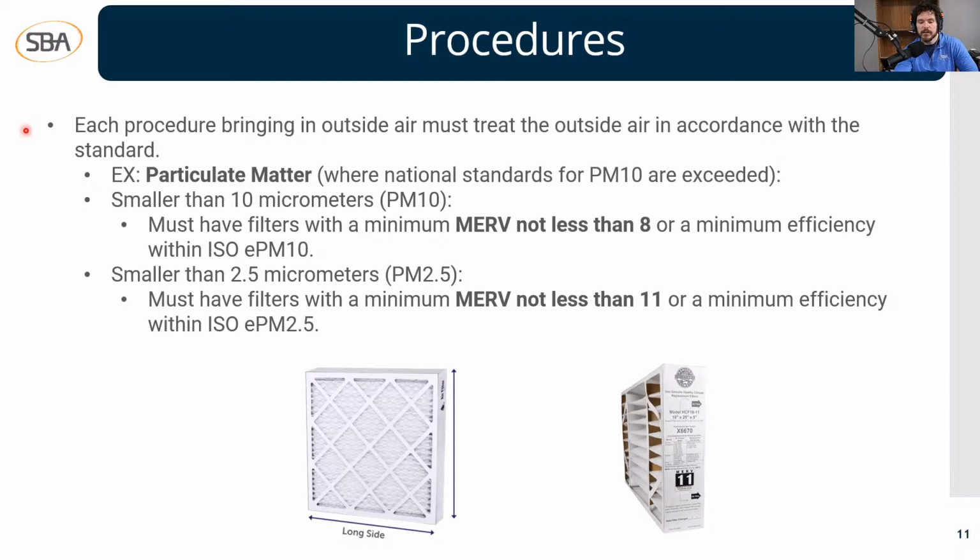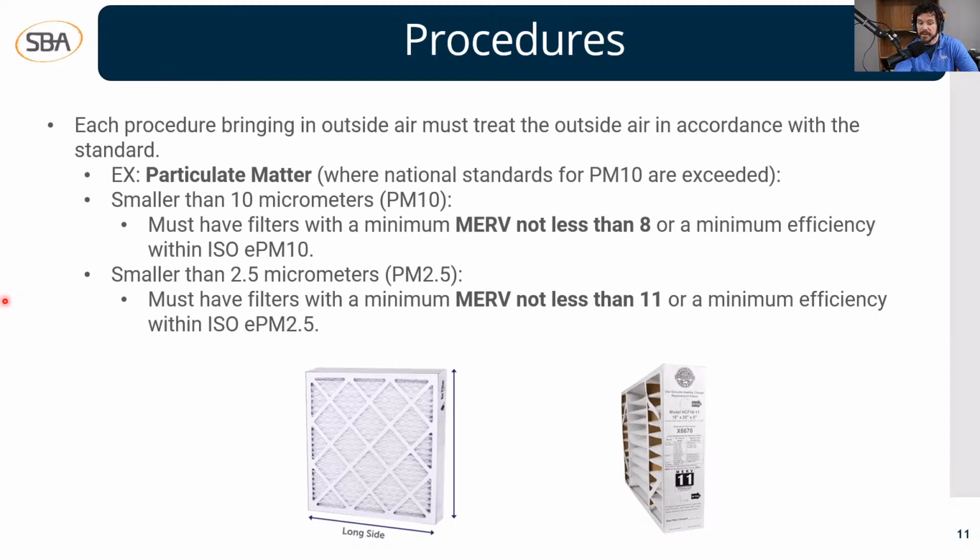So before you can decide on how much air to bring in, you need to check one thing. How clean is the air outside of your building? ASHRAE 62.1 says you must assess outdoor air quality.